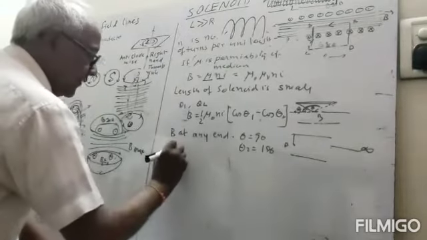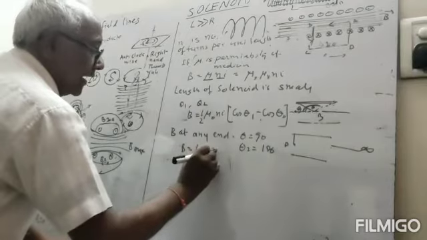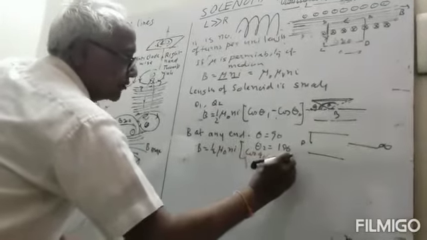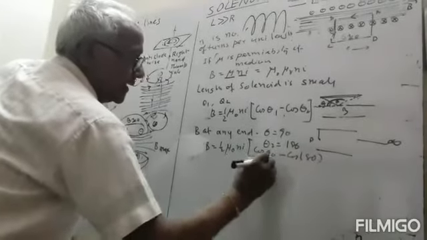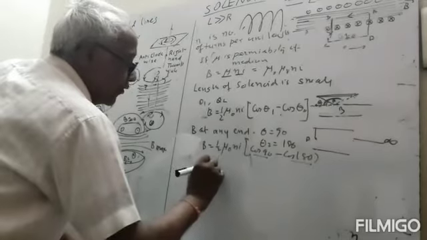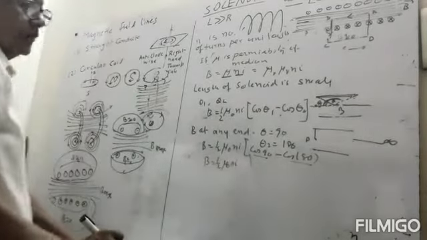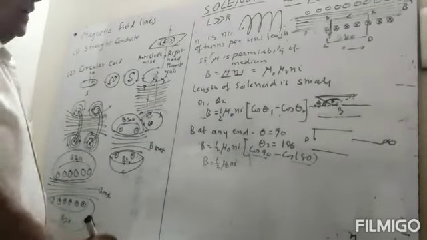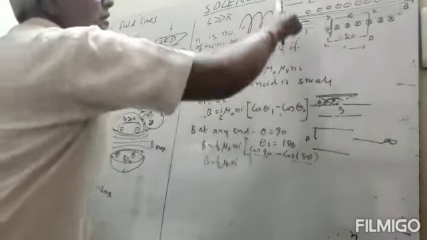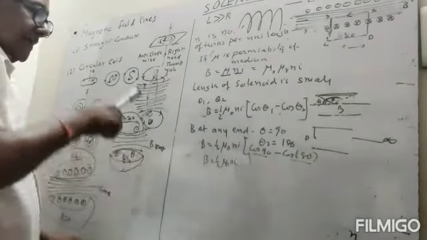So the magnetic field B will be equal to 1/2 mu 0 n I into cos 90 minus cos 180. Cos 90 is 0 and cos 180 is minus 1. So B will be equal to 1/2 mu 0 n I. So we can say the magnetic field at this end is just half of the magnetic field at the center.